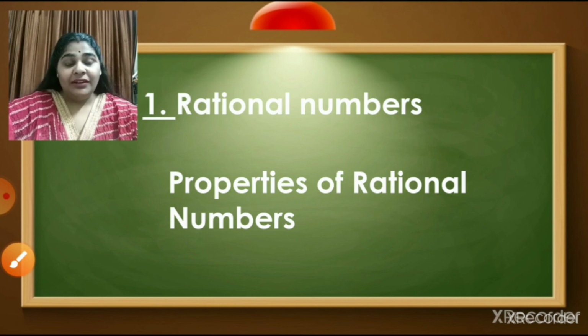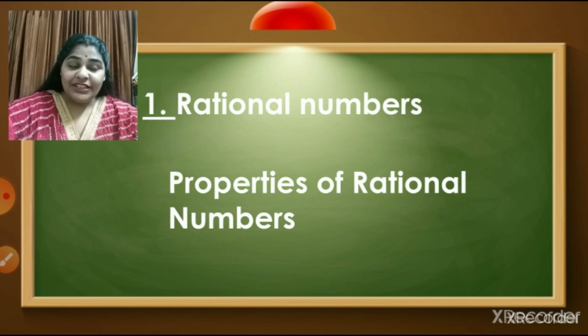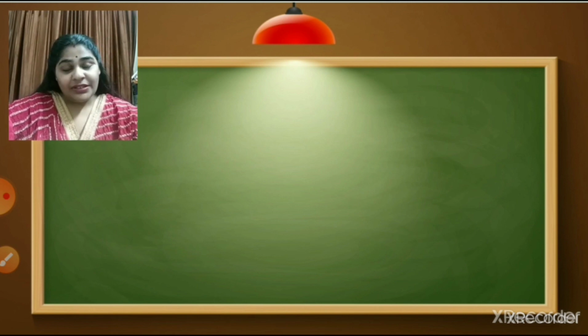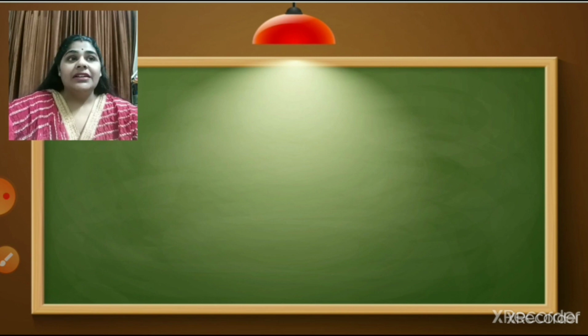The main topic of our chapter is properties of rational numbers. So let us quickly revise all the properties. The first property is the closure property. Closure in the sense that if we add two rational numbers and the sum is also a rational number, then we say that yes, addition is closed for rational numbers. Similarly for subtraction, and similarly for multiplication.